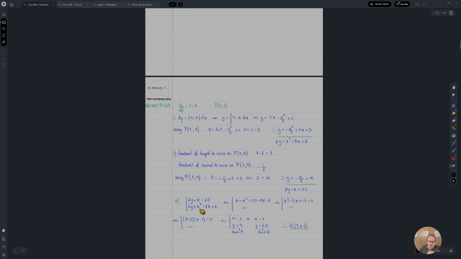By solving this using elimination, I get these two values. Unsurprisingly, one of them is the coordinates of the point P, which we already knew is a point of intersection of the normal with the parabola. And the other one, here this one, (7, 6.5), is the coordinates of the point that we want, point Q. Okay?